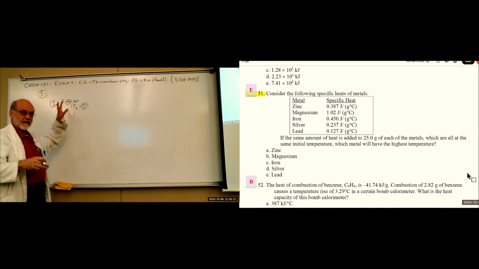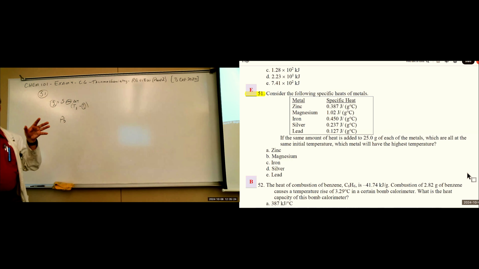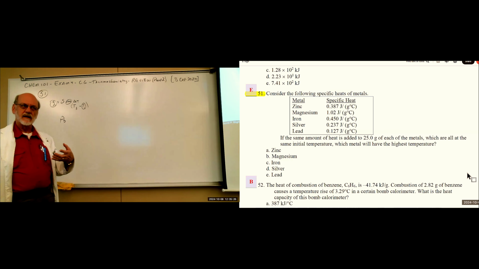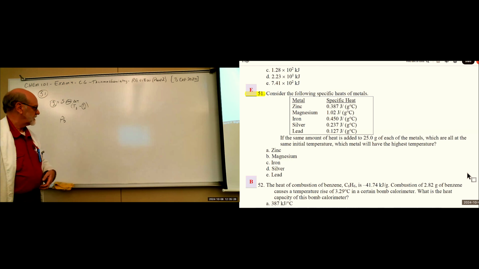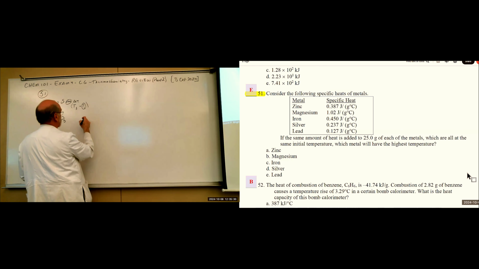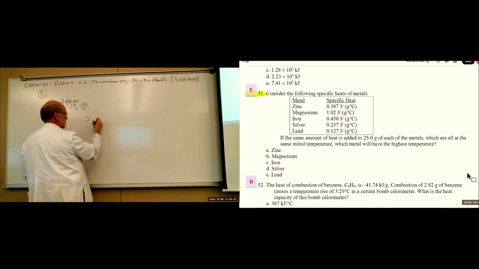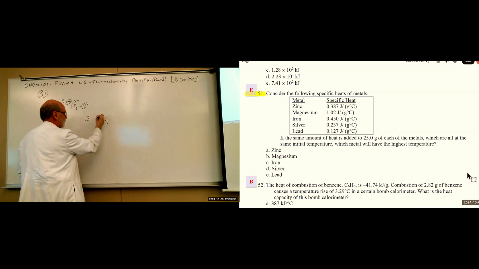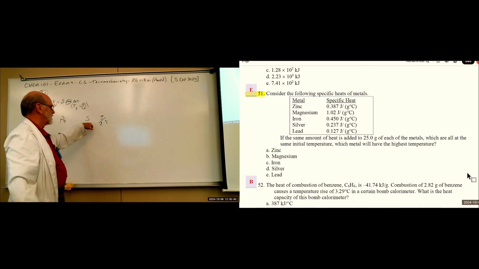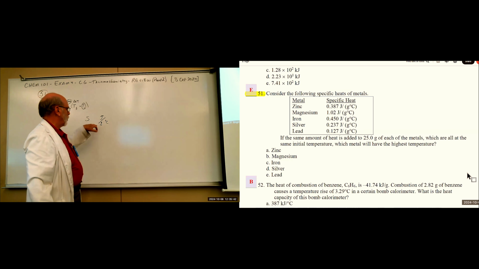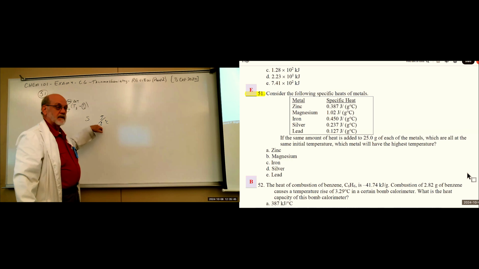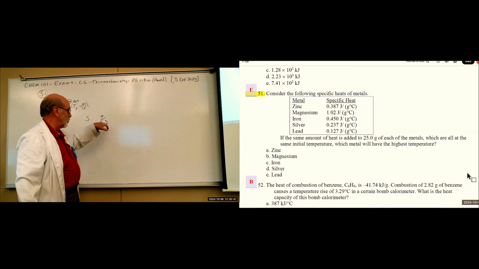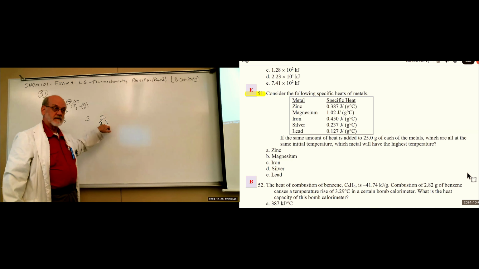That's one way to look at it, mathematically speaking. The other is, what does specific heat mean? Look at the units of measure for specific heat. Joules per gram degrees C. It's the amount of heat that 1 gram of sample can absorb to give you 1 degree difference in temperature.